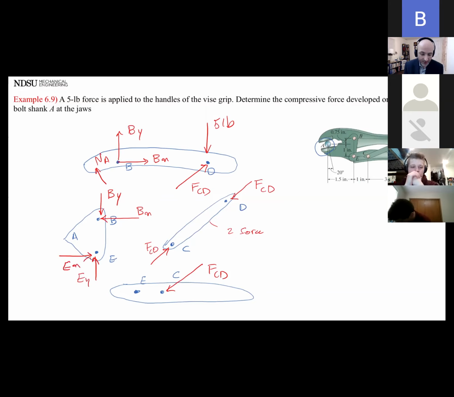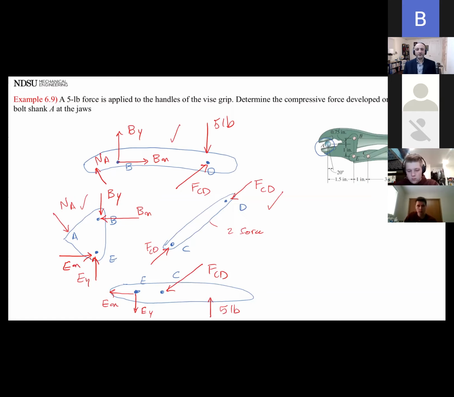As soon as I draw that, I draw the opposite on pin E, so it's going to be EY and EX. And A, I don't want to forget an A. So this is done. This is done. This is done. Let's check, make sure that the bottom, lower handle is done too. EX, C, the only thing missing is the 5 pounds.